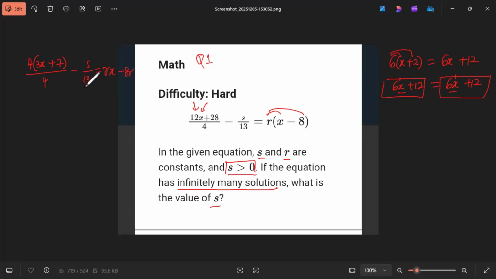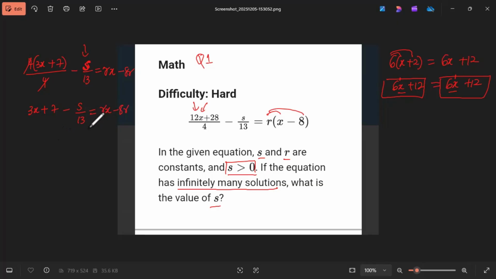Let's keep moving. Now, this 4, we cancel out this 4 definitely. And remember, this is x right here, and that is exactly what we want to find, the value of this x. So from this point, we have 3x plus 7 minus x over 13 equal to rx minus 8r.